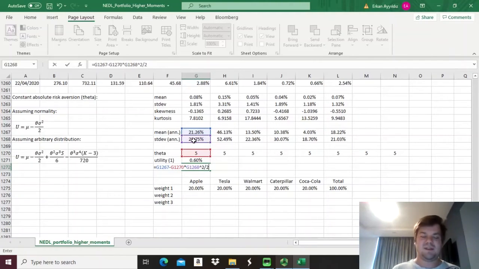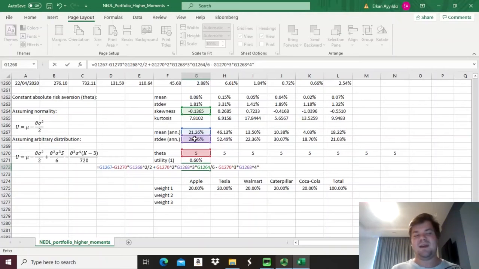That's just the same as in the previous example, plus, because we prefer positive skewness and we dislike negative skewness, theta squared times standard deviation cubed times skewness divided by 6, and minus, because we dislike heavy tails and we like flat tails, theta cubed times standard deviation to the power of 4 times, and here you would be tempted to say kurtosis minus 3, but the Excel function for kurtosis already returns the excess kurtosis.